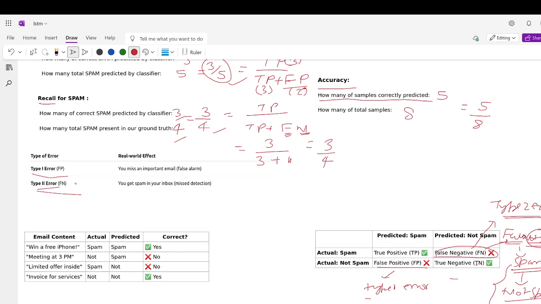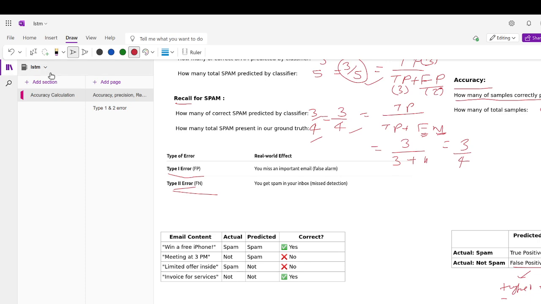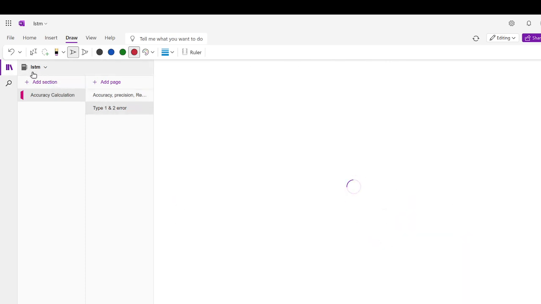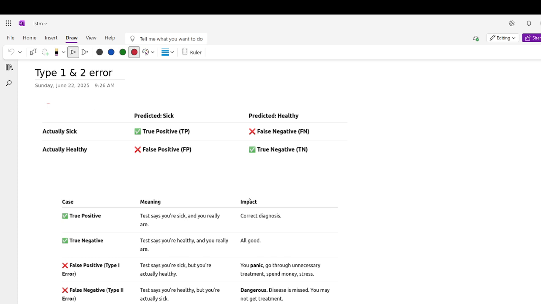In the medical industry, it is very important to calculate type 1 error and type 2 error. For example, if any person has some severe sickness and we have a test report, in case of type 1 error, the test says you are sick but you are actually healthy.